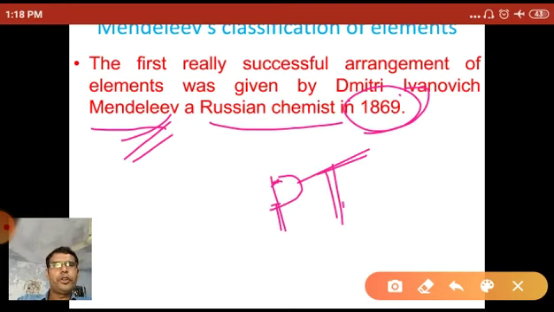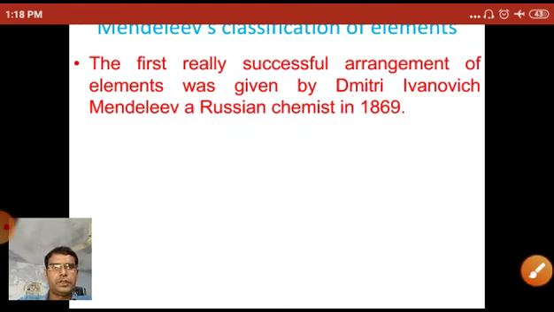In the form of a periodic table in 1869, Mendeleev generally arranged the elements on the basis of the chemical properties of the elements. That means the hydrides and hydroxides of the elements.